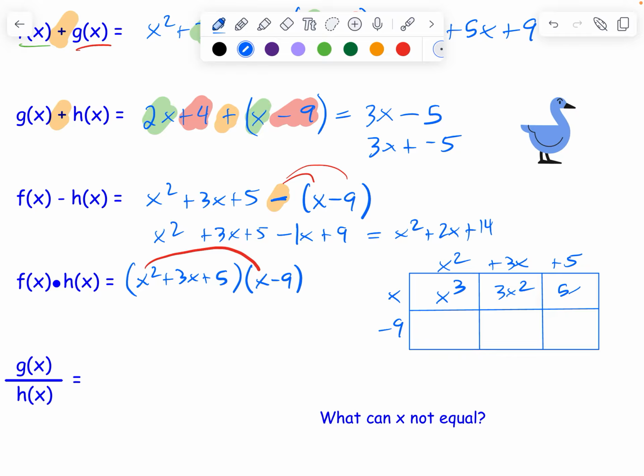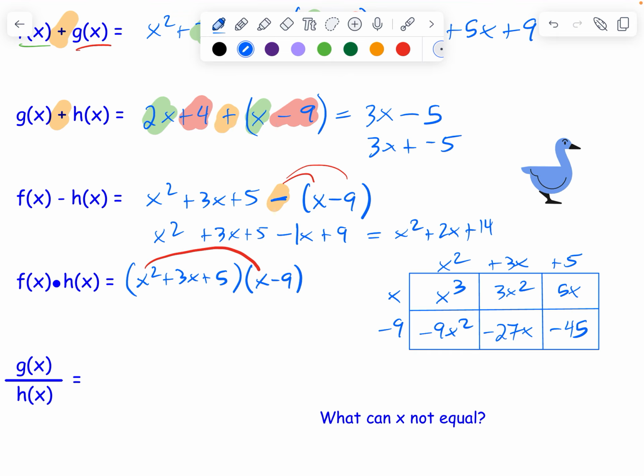This box would be 5x because it's just x times 5. Then the next one down, this is negative 9x squared. The next one, careful with your negatives, is negative 9 times positive 3x, so that's negative 27x. And the final box is minus 45.